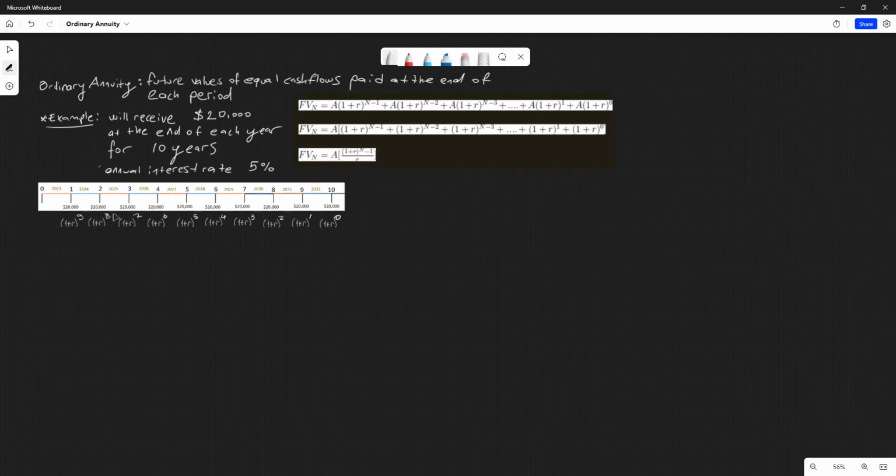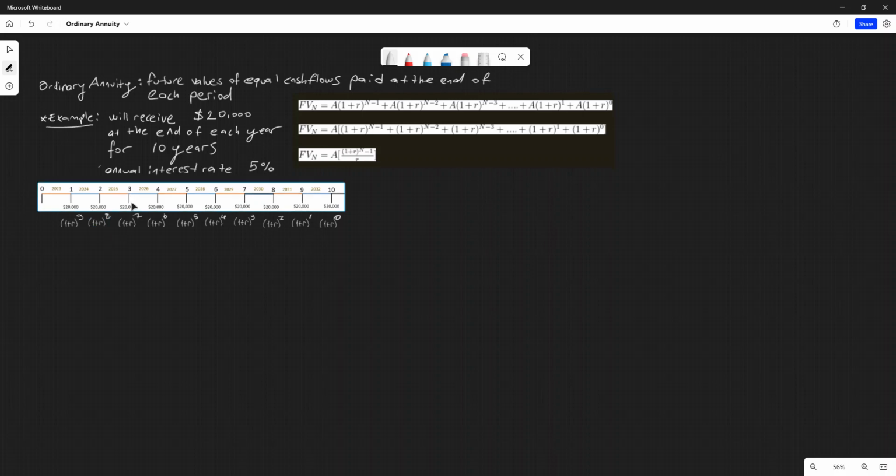So for the future value, using that future value factor, you need to take the 8th power of that future value factor.